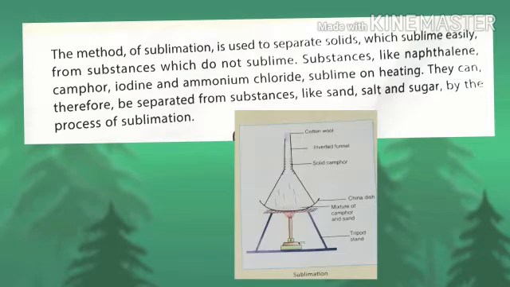Substances like naphthalene, camphor, iodine, ammonium chloride all sublime on heating, dear student. They vaporize directly on heating. They can therefore be separated from substances like sand, salt and sugar by the process of sublimation.